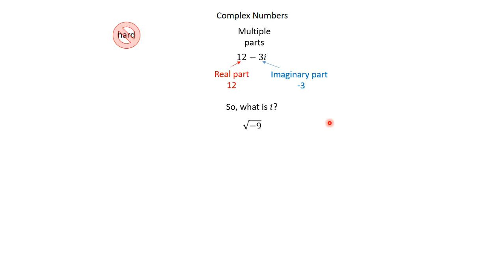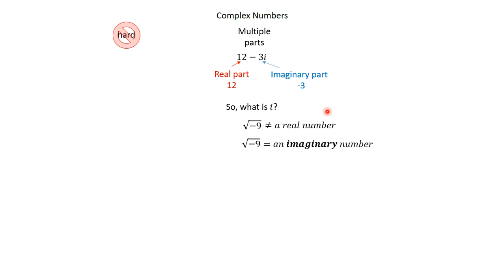And if we have something like the square root of negative 9, well, we can't take the square root of negative 9, right? You've been told that for years. You can't take the square root of a negative number. Well, that's not entirely true. You can't take the square root of a negative number and get a real number.